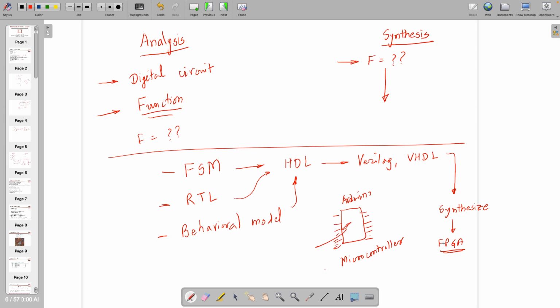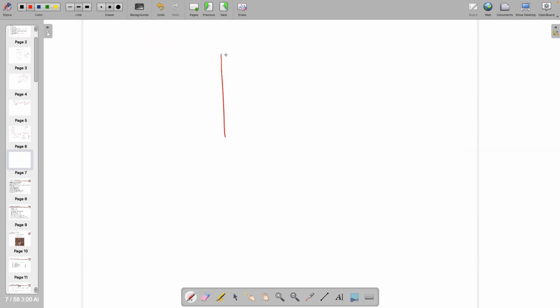However, this FPGA is a board which has a chip. I'm just drawing these pins. I don't know the exact number, it must be somewhere like 64 or maybe 48, depending on the FPGA board you are using. So do not look into the count of these pin numbers.